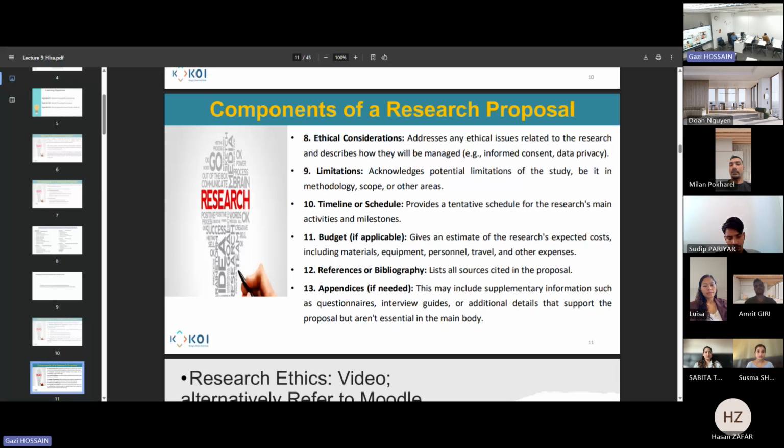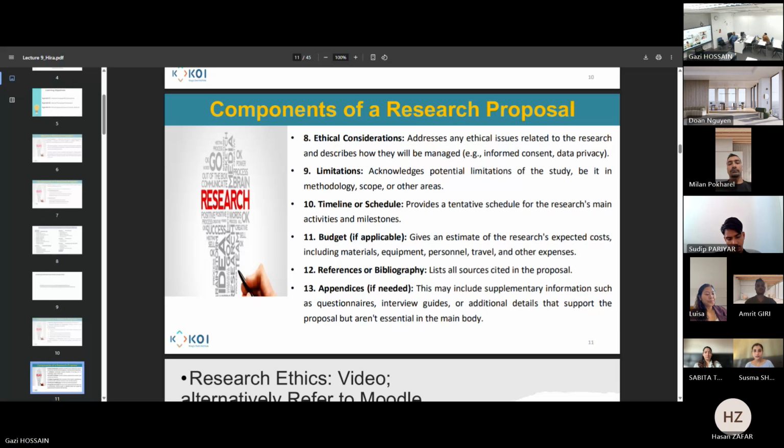Very unethical. It can be sued sometime. So when we write the thesis, report, or journal article, everyone should be anonymous. Their personal identity will be very confidential.